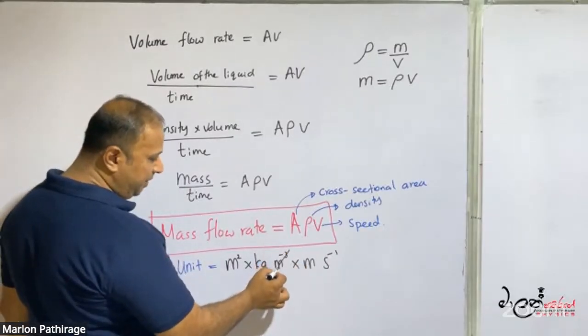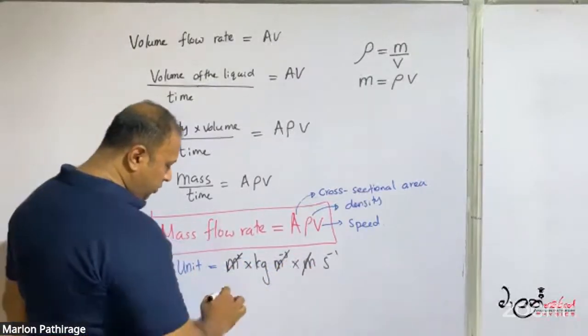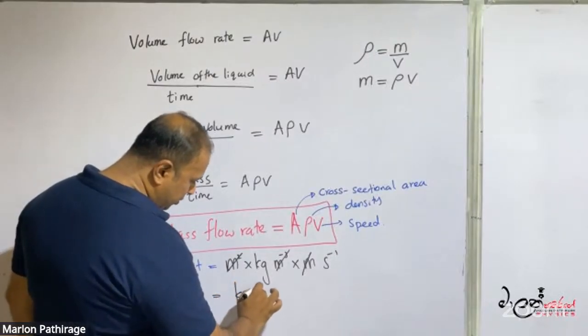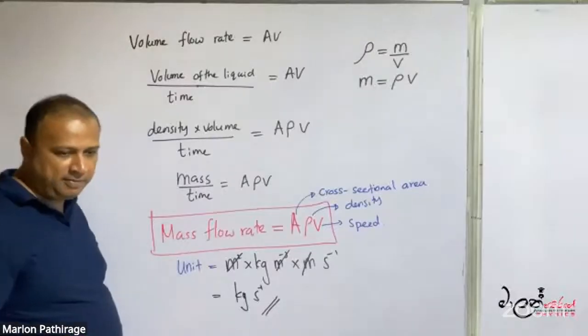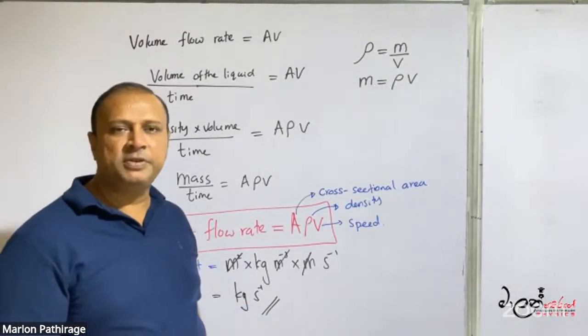Therefore, the unit is kilogram per second. That is correct. Mass per 1 second.